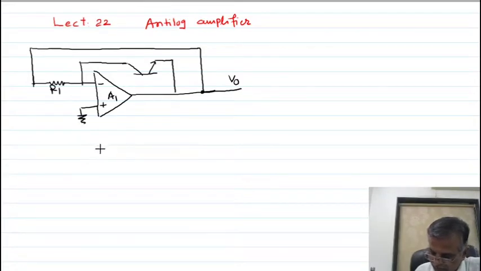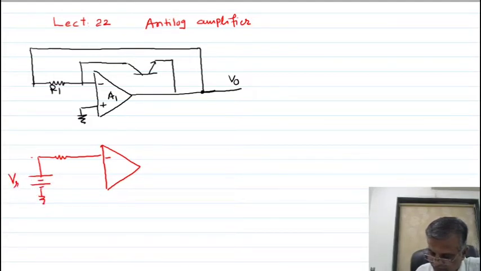Now I am showing you the second op-amp. This is op-amp number 2. In op-amp number 2, the reference voltage is given. Here I have given reference voltage V reference. This is R1, and in the feedback path there is a transistor.